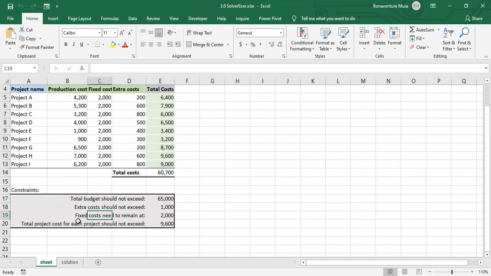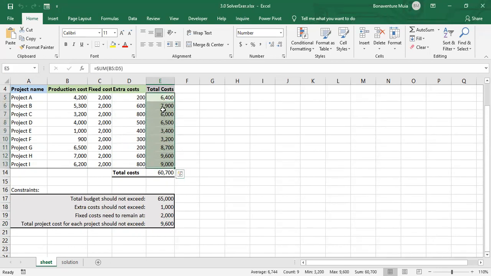And the fixed costs are to remain at 2,000. So you don't have to change anything about the fixed cost, because they are already at 2,000. And then the total project cost for each project should not exceed 9,600. So this is about the total cost.